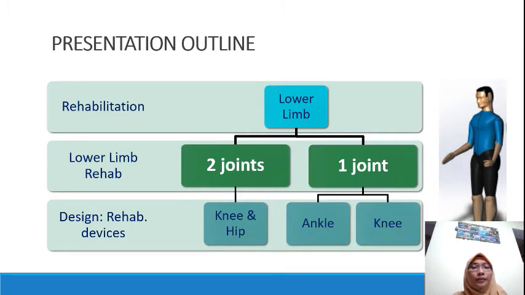For the two joint motions, it involves the knee and hip joints, whereas for the one joint motions, I will discuss the ankle and knee. So that is why the design for the rehabilitation devices involves two joint motions and one joint motions.